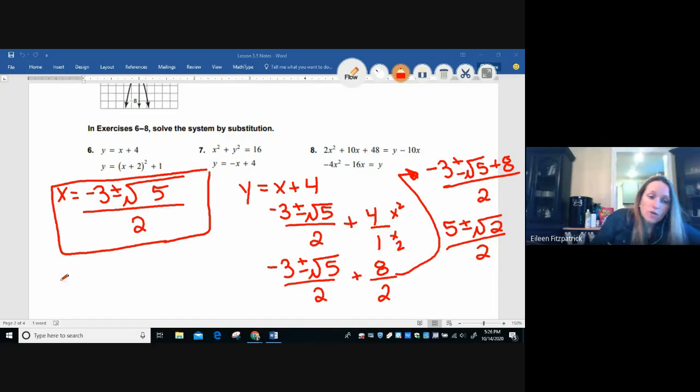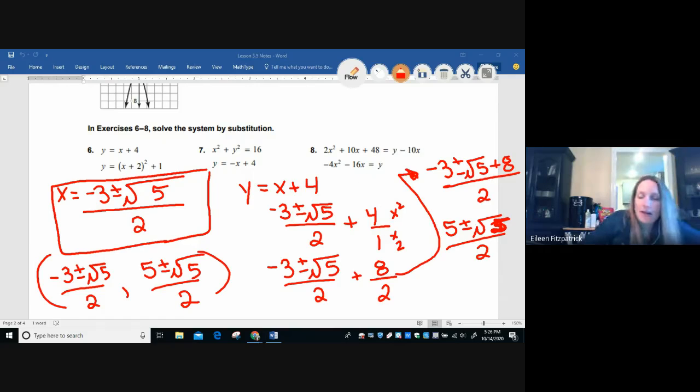Okay, so your x value is (-3 plus or minus root 5) over 2, and your y value is 5 plus or minus root, I changed that to a 2. That's supposed to be a 5, guys. That's a 5. Plus or minus root 5 over 2. And that would be your ordered pair.